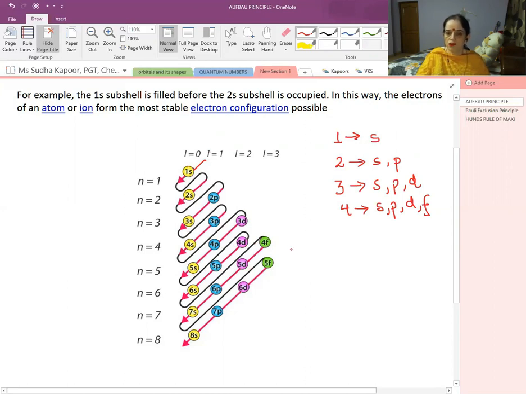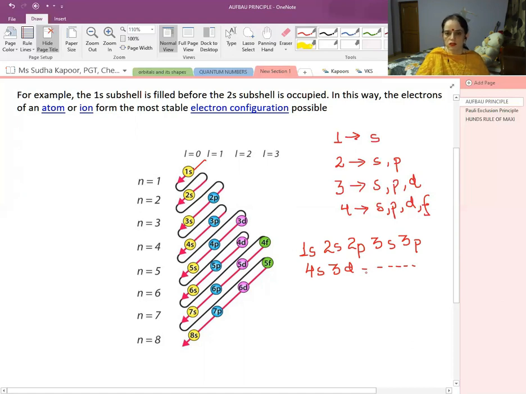First of all, we fill 1S, then 2S, moving from 2S to 2P, then 3S, 3P. Now, what are you wondering about? After 3P comes 4S. In spite of filling 3D, we are moving from 3P to 4S, then 3D, and likewise we will go further.